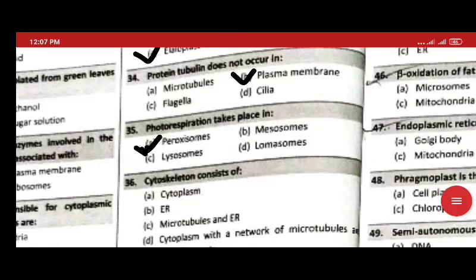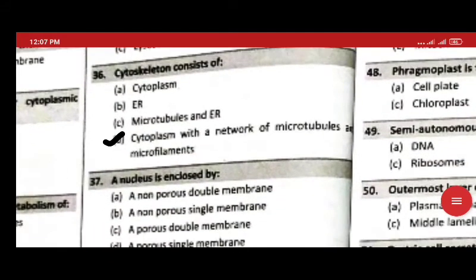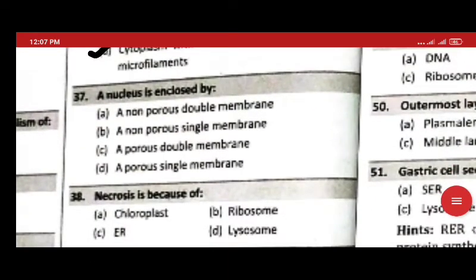So 35 is the right option. Now cytoskeleton, so cytoskeleton contains microtubules and microfilaments, so D should be the right answer for the 36 number.